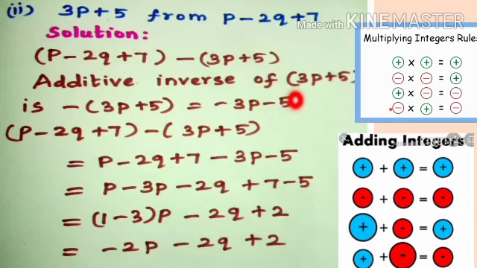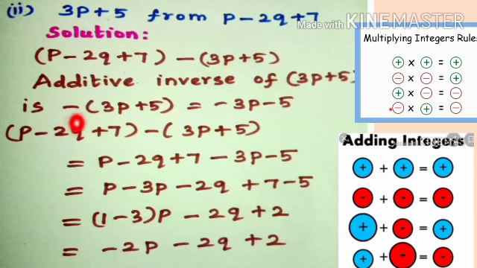So here the additive inverse of 3p plus 5 is minus of 3p plus 5, which is equal to minus 3p minus 5. We know that if there is no sign between the minus or plus sign and the bracket, it is considered as a multiplication.